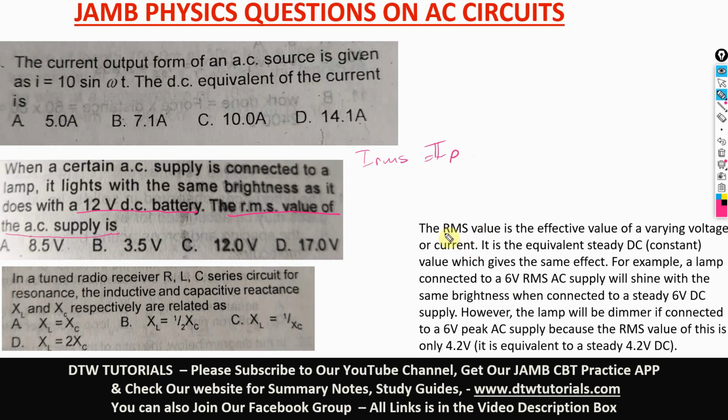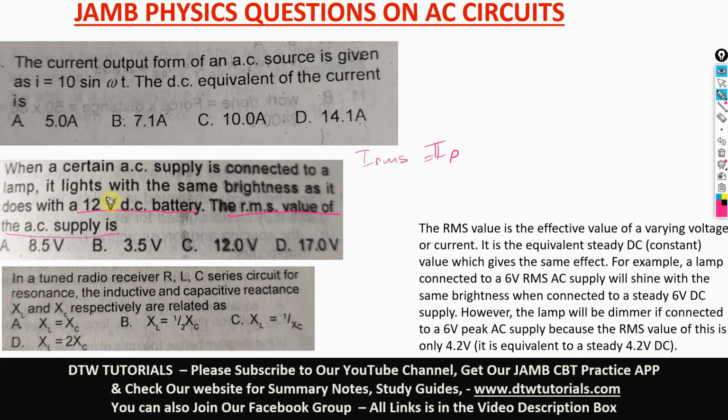Now, from this statement, I always say the RMS is the effective value of a varying voltage or current. It is equivalent to a steady DC. So from here, this same 12V also brightens the same bulb with the same supply.